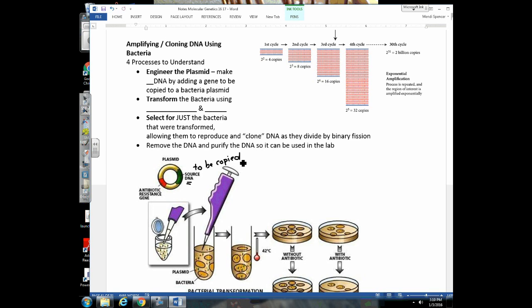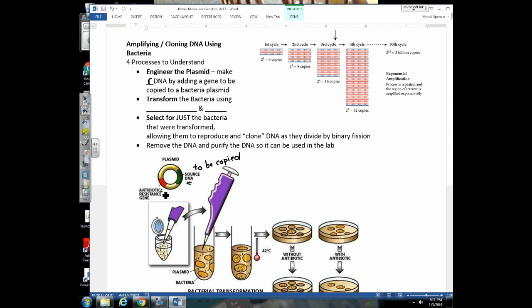After we've engineered a plasmid, this is now called recombinant DNA. Recombinant DNA is whenever you have DNA and it is made of DNA from 2 different organisms. So in a plasmid, we can take bacteria DNA in the plasmid and we can actually mix it with DNA from humans. We can insert a human gene that codes for a protein. So that's an example of making recombinant DNA.